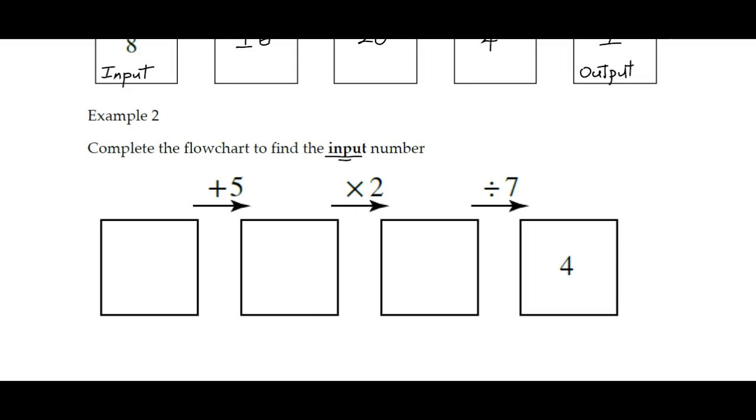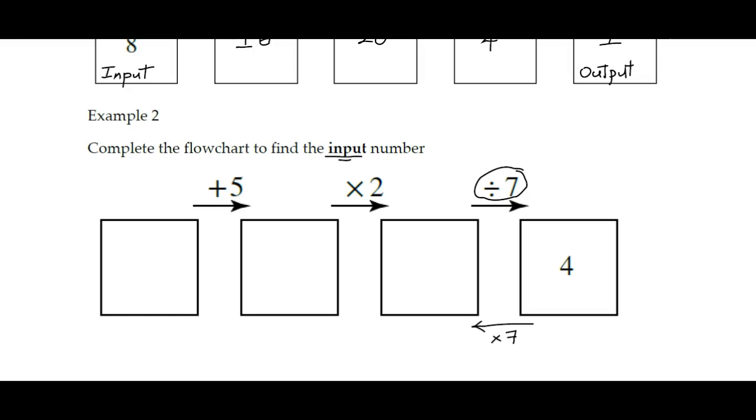If we need to go backwards, we need to do the opposite. So let's start with the 4. What's happening before 4? They have divided it by 7. So what is opposite to dividing by 7? The opposite of dividing by 7 is going to be multiplying by 7.